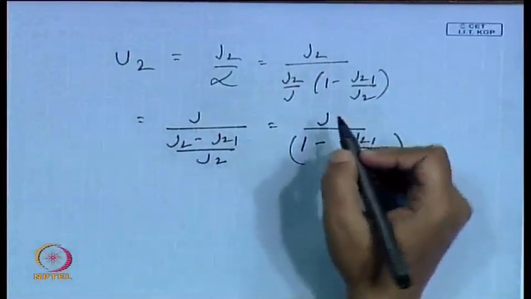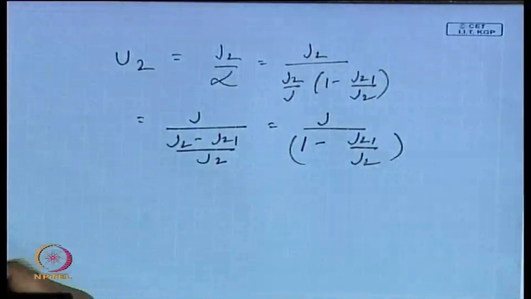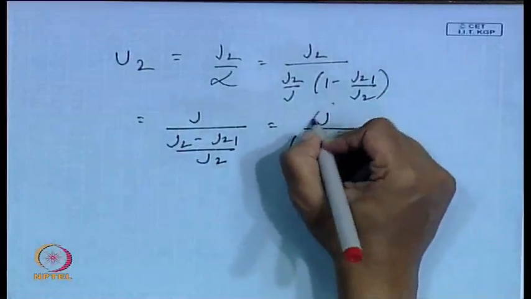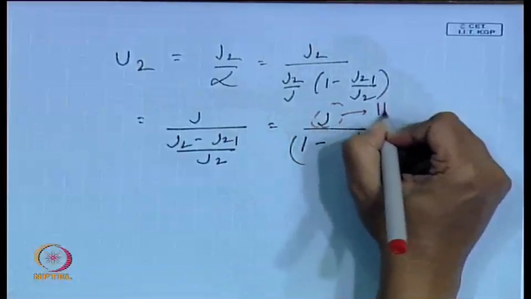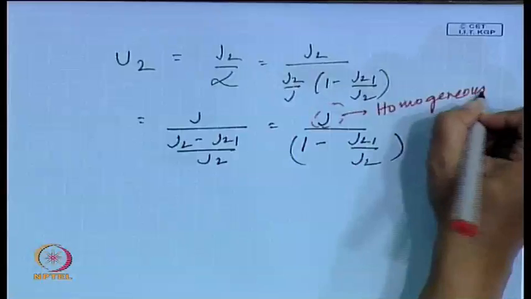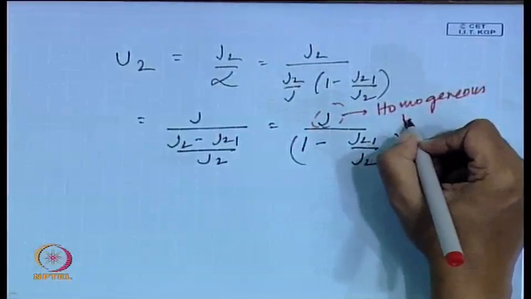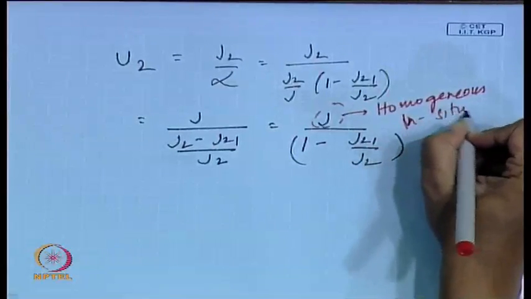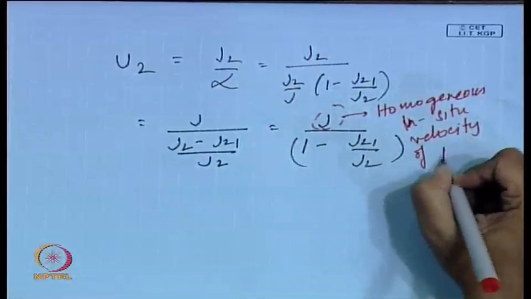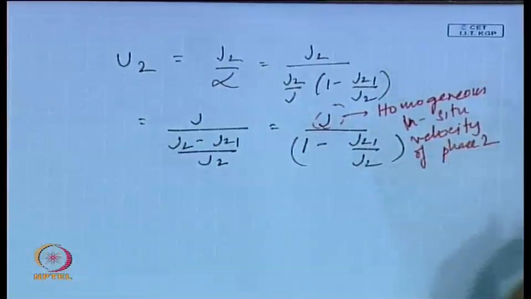So, therefore, for the homogeneous flow model, we find this is the homogeneous in situ velocity, okay, homogeneous in situ velocity of phase 2, phase 1, everything is the same.